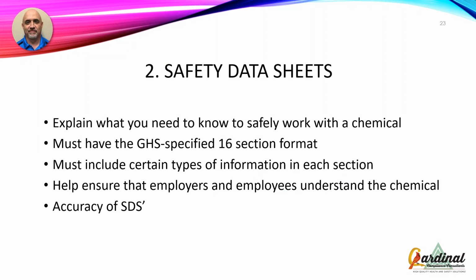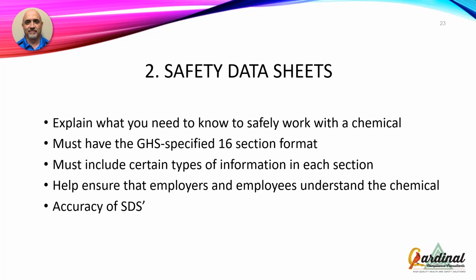Thanks, Zach. When you start talking about safety data sheets, I'm pretty sure that we're all familiar with them, but when OSHA came back in 2015 and started enforcing these changes, some of what they did was really geared toward helping us find information a lot sooner.